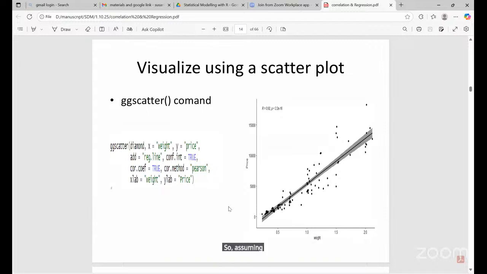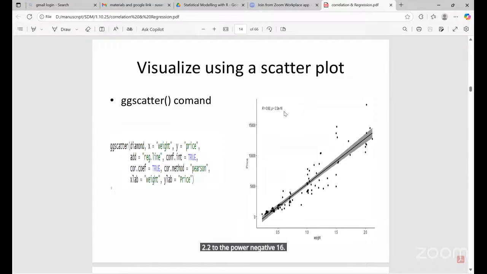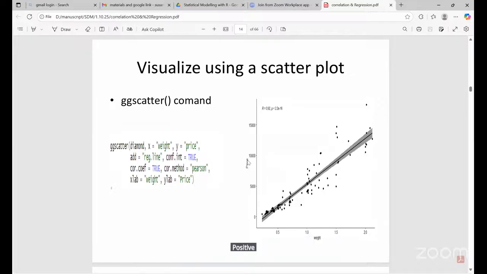Assuming our significance level is 0.05, this p-value of 2.2 to the power negative 16 is smaller than 0.05, indicating evidence to reject the null and conclude that there is a strong positive correlation between price and weight, given the diagram we have in our notes.